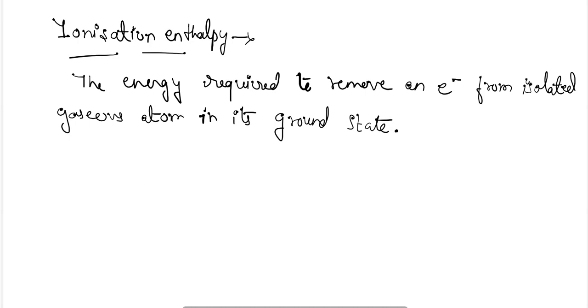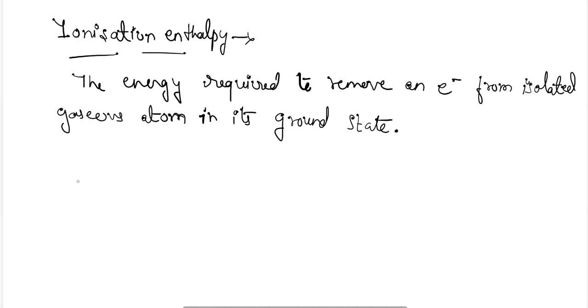But if we are talking about the first ionization enthalpy, the energy required to remove is very less. For any atom which is having, let's say, minimum two ionization enthalpies, the first ionization enthalpy will be very less in comparison to the second one.